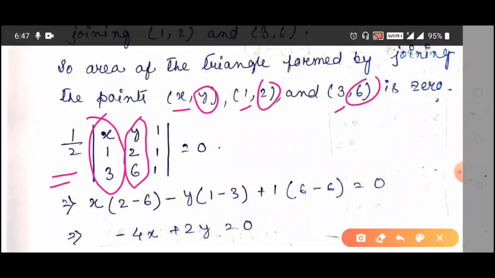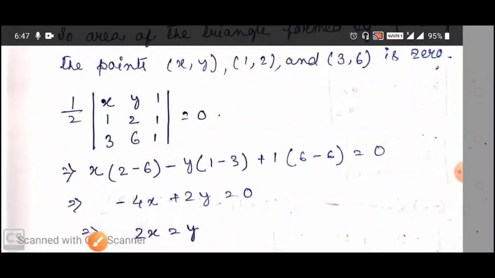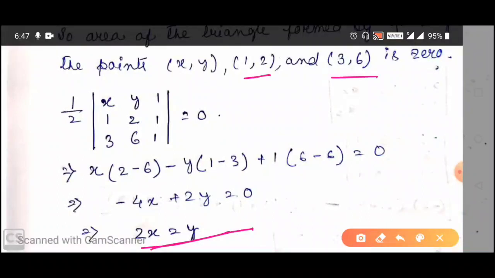Now we will expand it along row 1. After the expansion, our answer is 2x is equal to y. So this is the equation of the line joining the points 1, 2 and 3, 6.